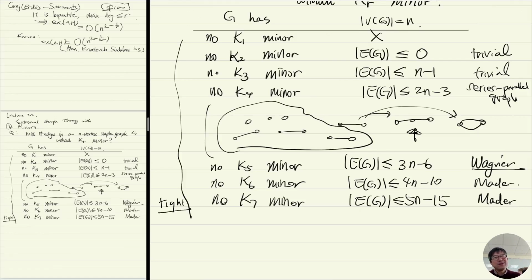Tight means that you have an example which achieves the equality. So let's see the pattern. Okay, so no K_t minor.